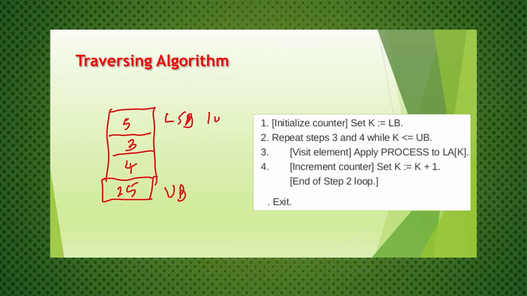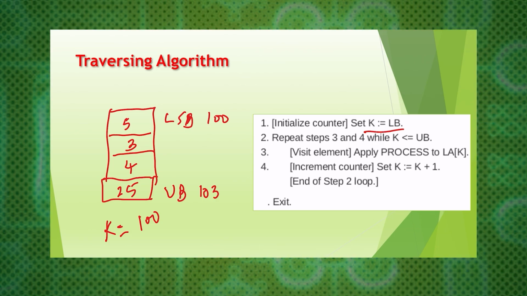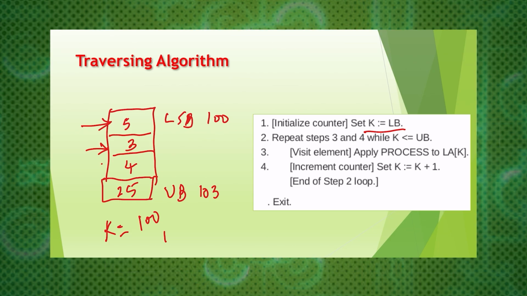Now suppose our lower bound is 100, so the initial value of k will be 100 because k is set to lower bound. Then we will apply the process to LA[k], meaning we will read the first element of the array, that is 5. Then we will increase k by 1, so it becomes 101, and we will visit the next element of the array.